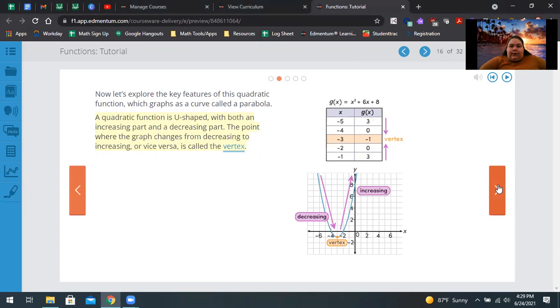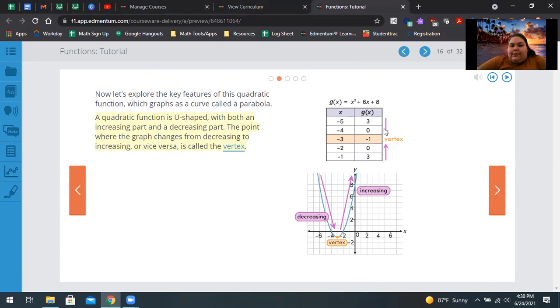Another way they determine a vertex is that for a quadratic, you're going to have a decreasing portion and then an increasing portion. Where does that switch happen? If you think about it right here, it goes 3, 0, negative 1, so it's still decreasing, and then it goes back to 0, 3.